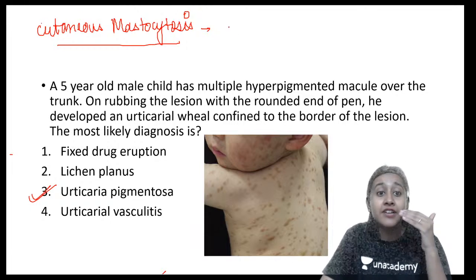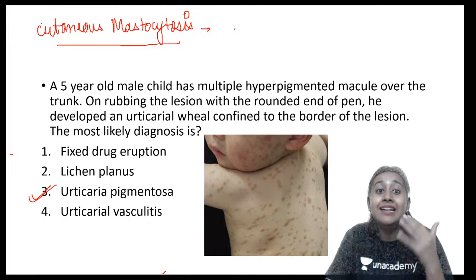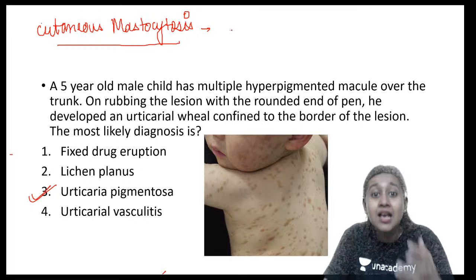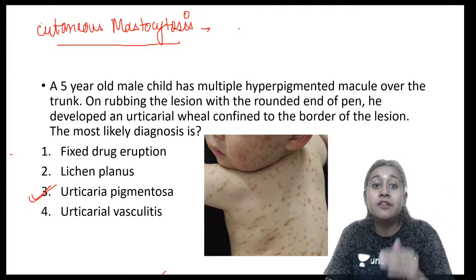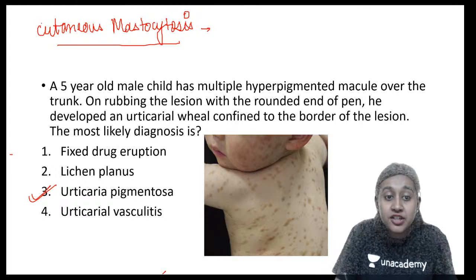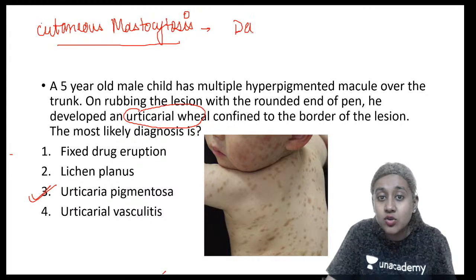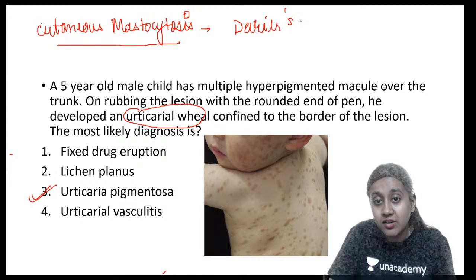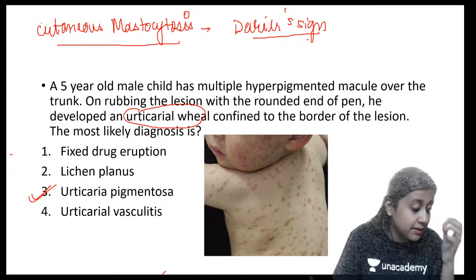Because of the presence of a large number of mastocytes, when you rub the lesion there is sudden degranulation of the mast cells, and there is release of histamine. This release of histamine leads to formation of an urticarial wheal over that lesion, and this sign is called Darier's sign. Darier's sign is a classical feature of urticaria pigmentosa.